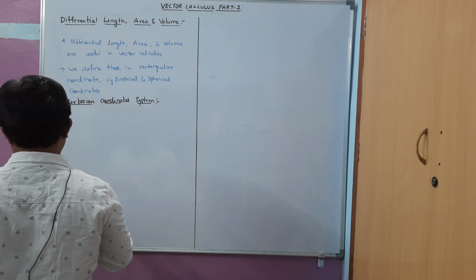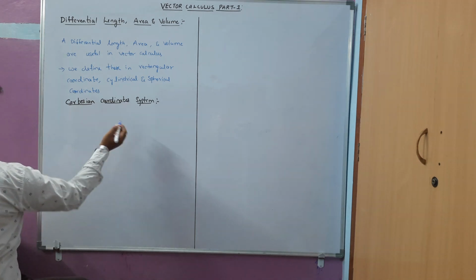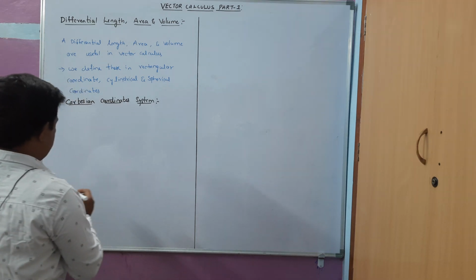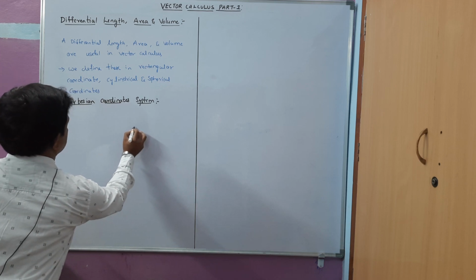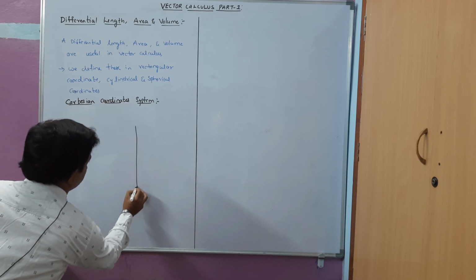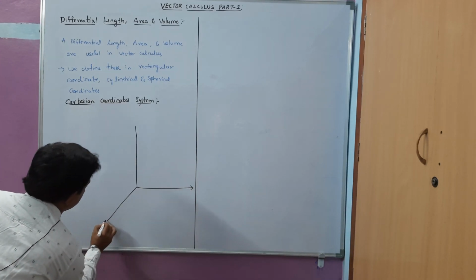Let me draw the diagram in order to understand the Cartesian coordinate system, that is differential length, differential area and differential volume.